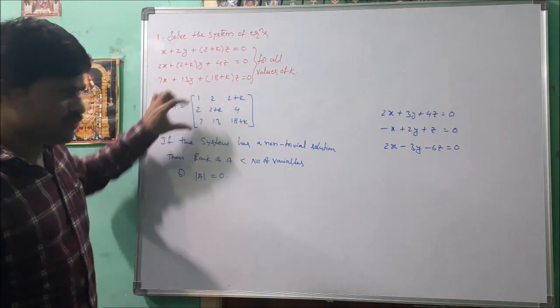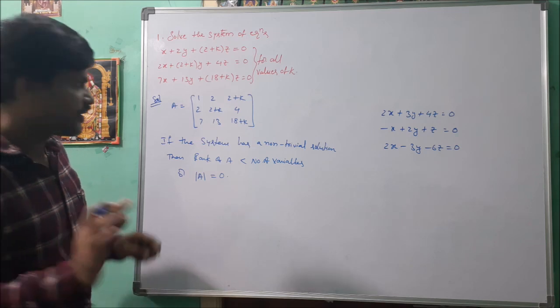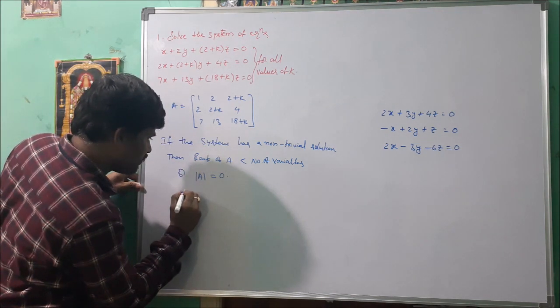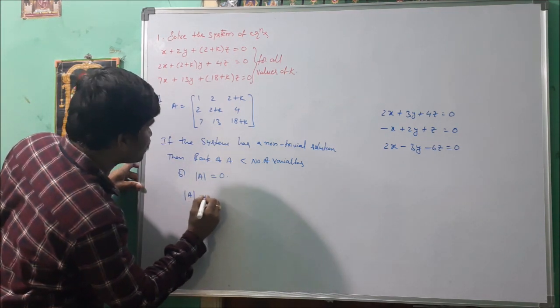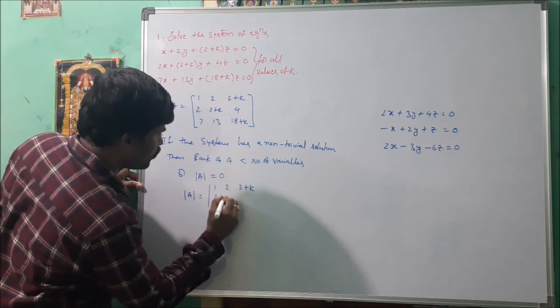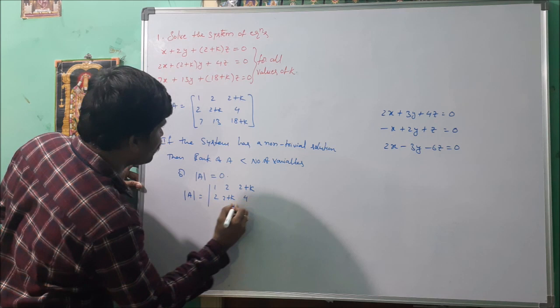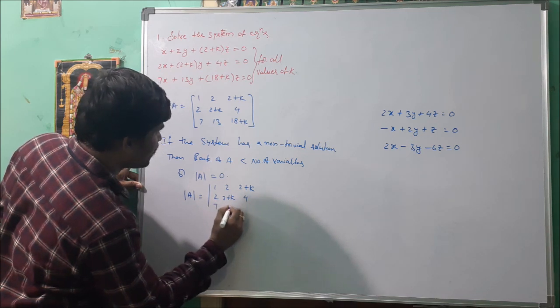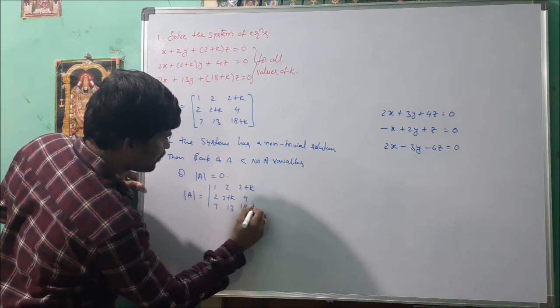Now first we find the determinant of A, which is the determinant of 1, 2, 2 plus k; 2, 2 plus k, 4; 7, 13, 18 plus k.